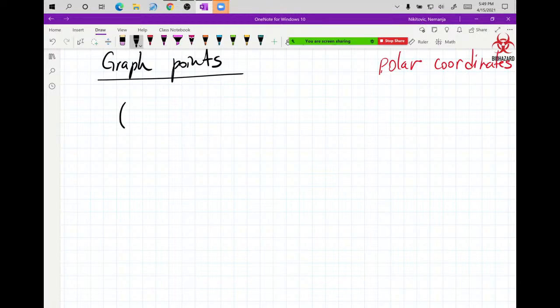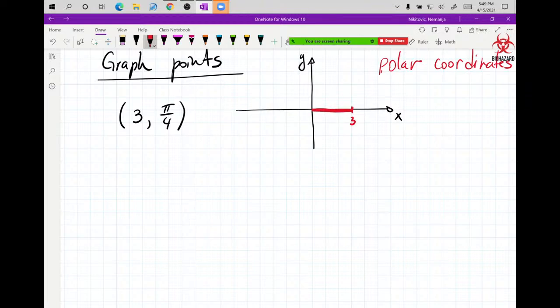So let's say that the point is given to you as (3, pi over 4). How do we graph this? Well, this is still the xy graph, so it's just a way to get to places. It's polar coordinates. So we're going to stretch this radius of 3 all the way to number 3.